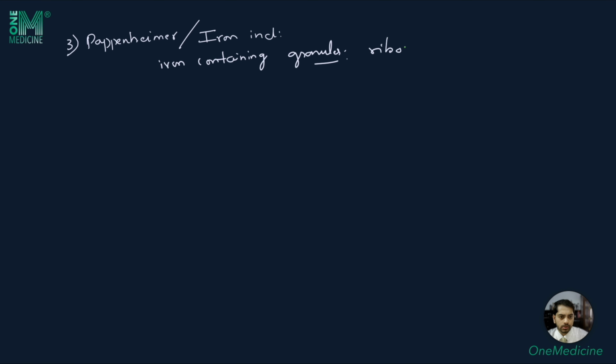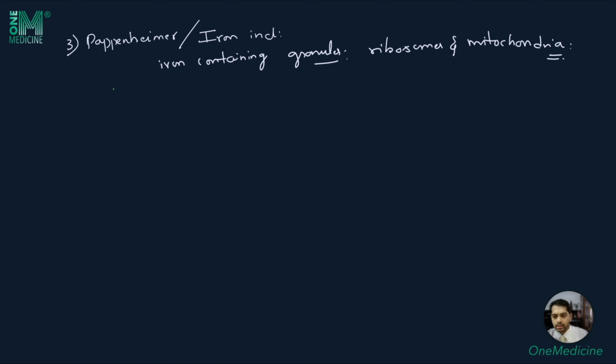Another type of inclusion is Pappenheimer inclusion, or iron inclusion. As the name mentions, these are iron-containing granules and are basically seen in ribosomes and mitochondria.